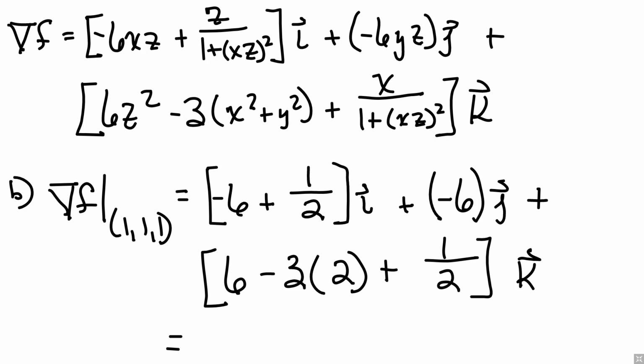So this should clean up to give us negative 11 halves in the I direction, minus 6 in the j direction, plus 1 half in the k direction. Any questions?